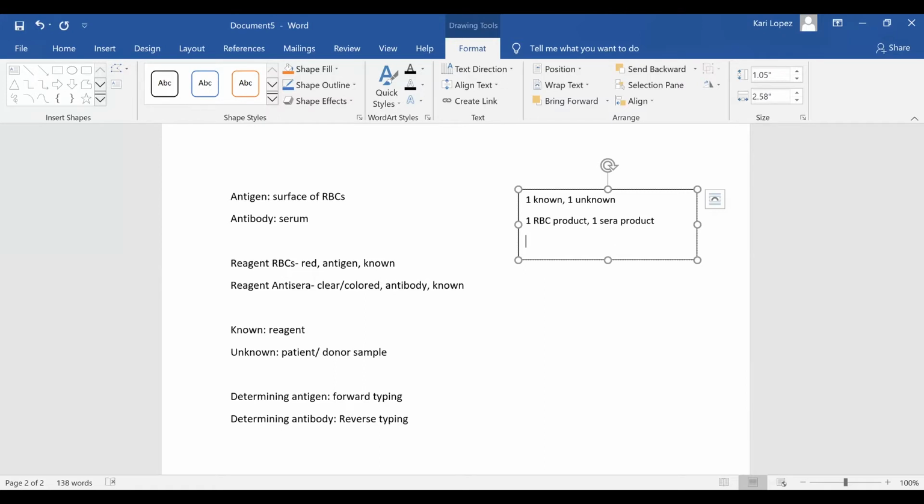And then you also need one antigen and one antibody. So you need either your reagent grade red blood cells or anti-sera, and then you need whatever the opposite of that is, patient serum or red blood cells, and then you will in turn get one antigen and antibody out of that.